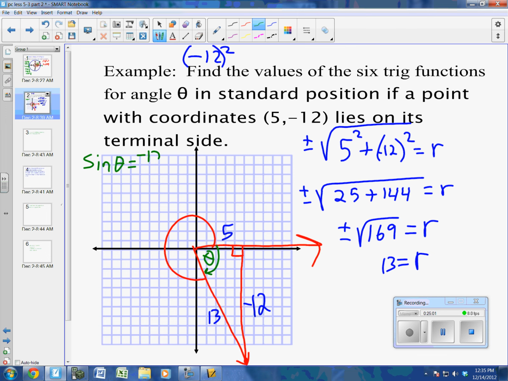Why? Tell everybody. Okay, it's y over r. Well, what's the y distance right here, you guys? Negative 12. This is the y distance, right? Here's the x distance, and here's the r distance. So he just did y over r, which is negative 12 over 13.